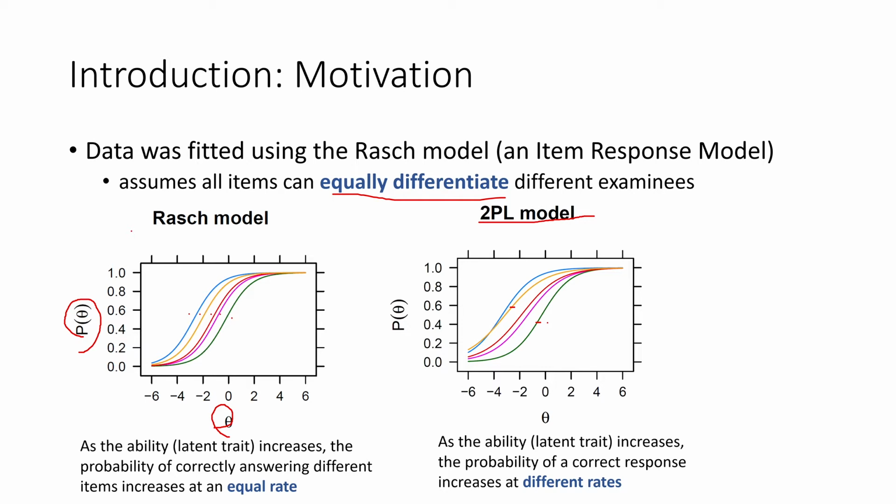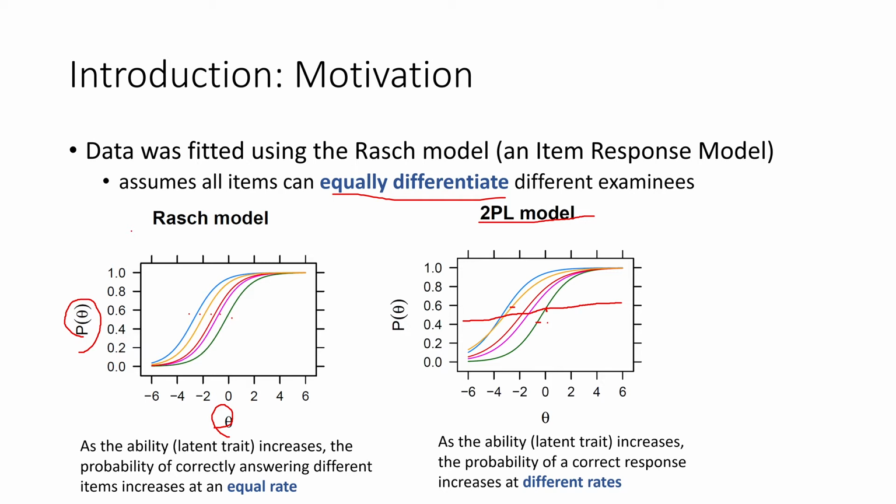Sometimes, for an extreme example, we may have a trace line very flat, like this. And for this item, the probability of getting it correct is always around 0.5, no matter how high or low the ability.